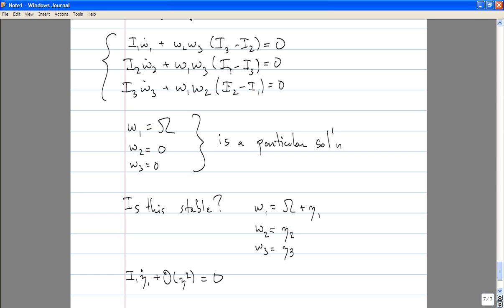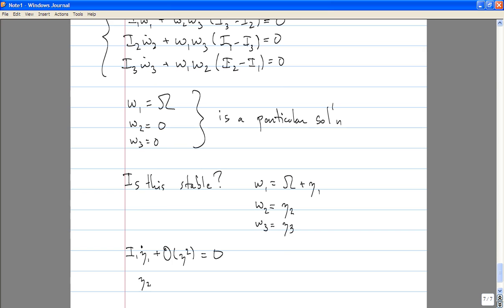Let's now look at the second equation of motion. So the second equation of motion says that I2 eta 2 dot is equal to the product of omega 1 times omega 3, which to linearized order is just capital omega times eta 3, times I3 minus I1.